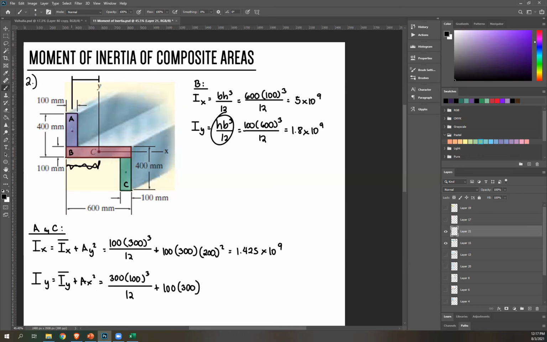However, the distance is only at centroid of A. So I need to subtract that by this length, which is half the base or half the width of block A. Total width of block A is 100, therefore this is 50. So 300 minus 50, that's 250. Okay, so 250 squared. Please solve. What's the answer?